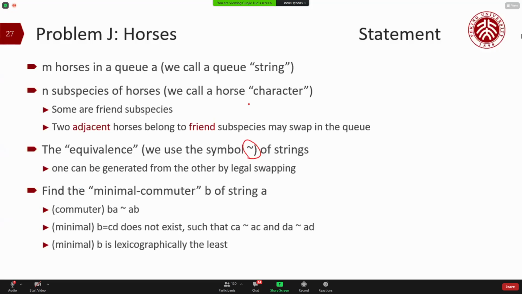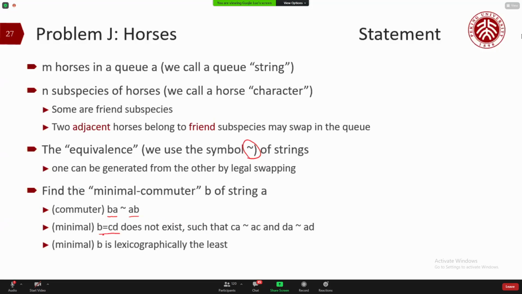The problem statement is relatively difficult to read, but the basic idea is to find the minimal commuter B of string A. What do we mean by the commuter? If string BA is equivalent to string AB, we call B a commuter. And minimum means that B cannot be decomposed into smaller substrings.